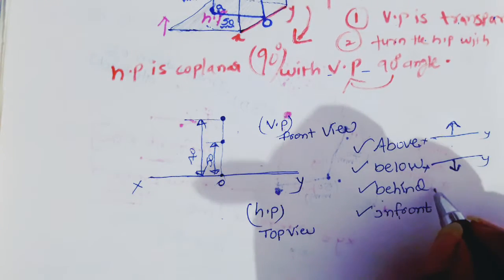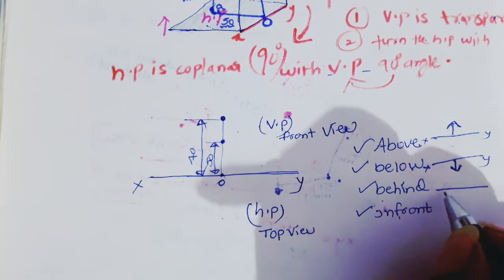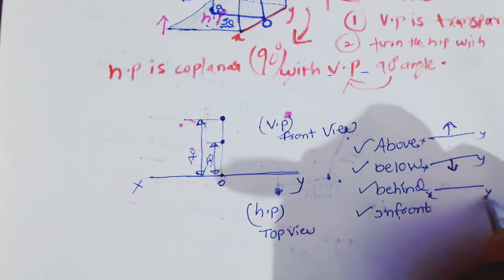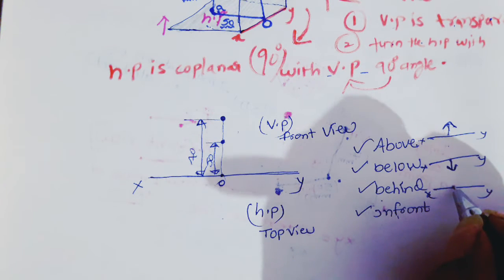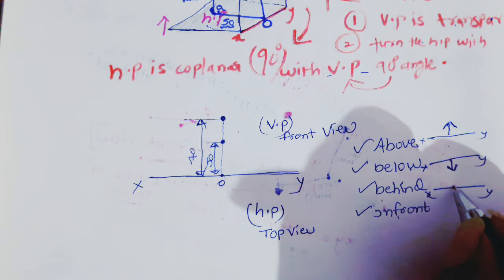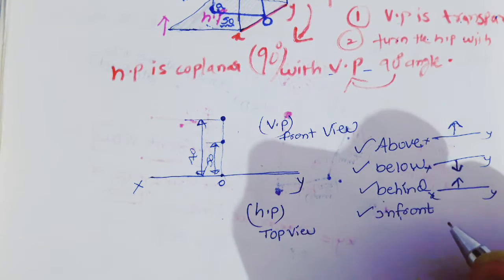Next, what is behind? Behind is nothing but again you have to show the position of a point or object or line above.